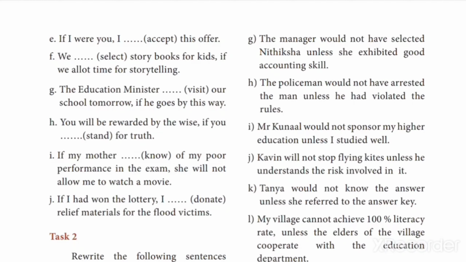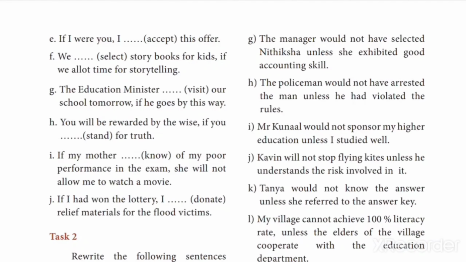But when we come to the sentence I, though the verb after unless is in past simple, when we rewrite the sentence using if, we go for did not study because the entire sentence is in second conditional, that is indicated by the verb in the main clause of the sentence, where the verb is would not sponsor.